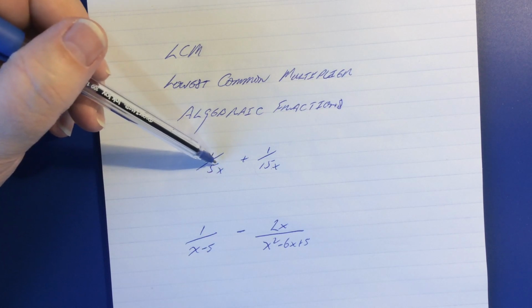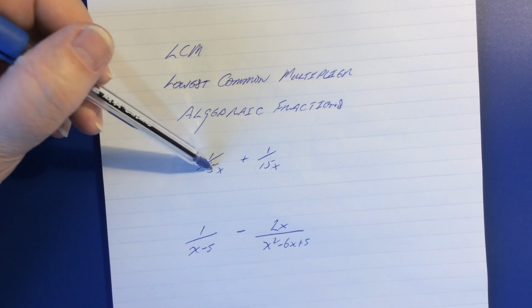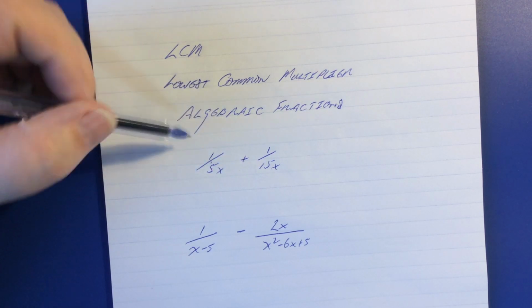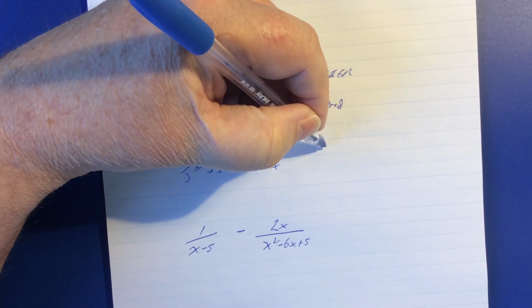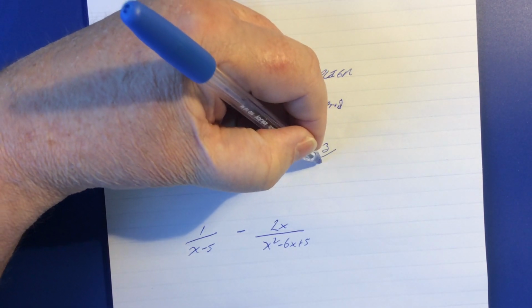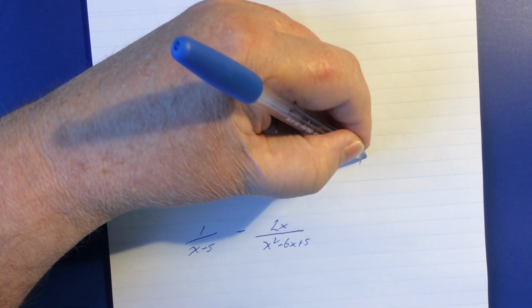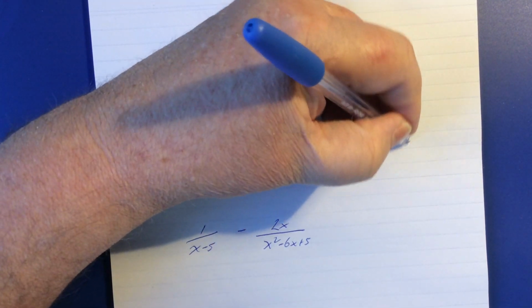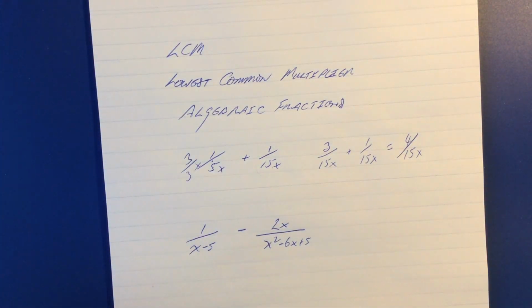Just work on this and say, what is it that we have to do to this to make that equal 15x? And the answer is multiply it by 3 over 3. So we get 3 on 15x from that, plus 1 on 15x, and that gives us 4 on 15x, and our story is at an end.